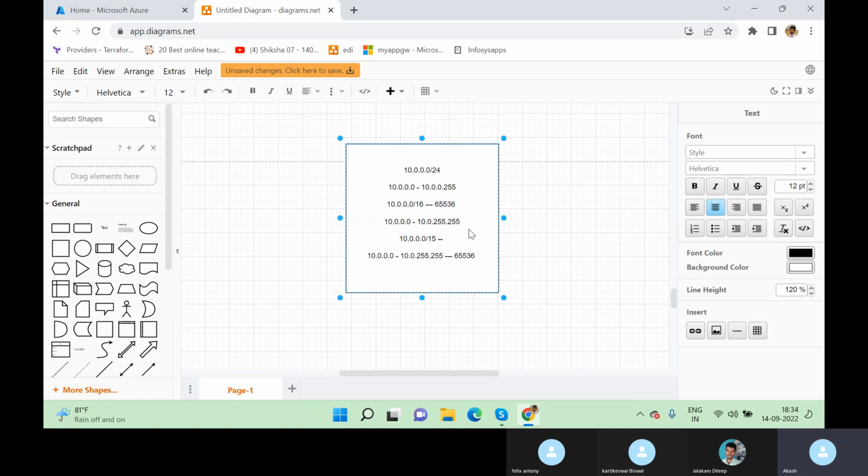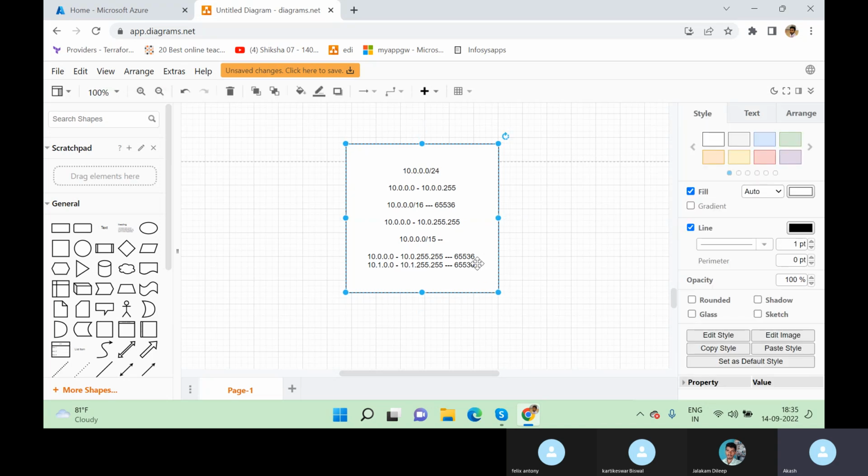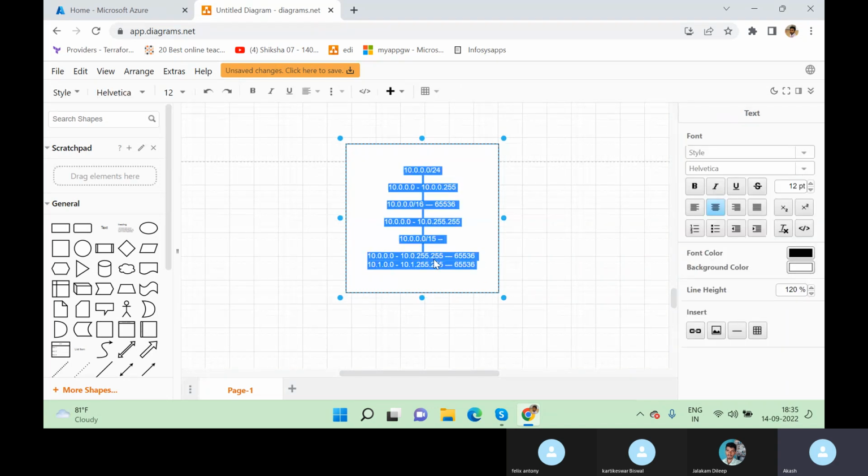Another 65,536 I need, so I'll take 10.1.0.0 to 10.1.255.255. This is also going to accommodate 65,536 IPs. Since I have exhausted the third octet, I will move on to the second octet, where I am going to use one subnet, and the pattern will repeat again.